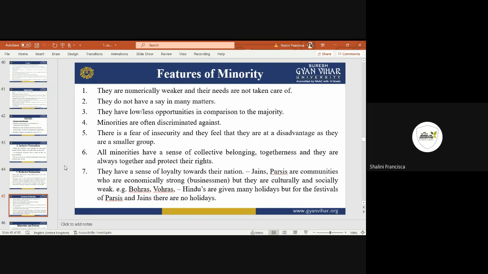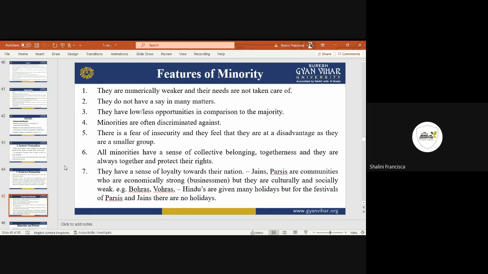Features of minority. They are numerically weaker and their needs are not taken care of. They do not have a say in many matters, meaning their opinion or point of view is not taken when there are decisions for the major things.